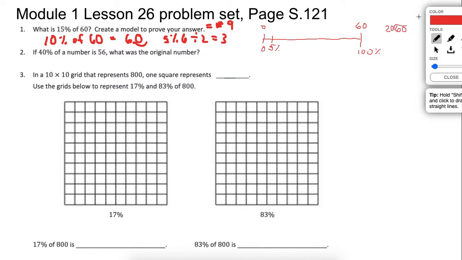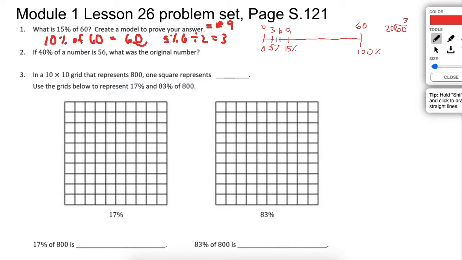If we take 60 and divide it by 20, that ends up giving us 3. That tells us each 5% is 3. So 5% is 3, 10% would give us 6, and 15%, what we're looking for, would give us 9.